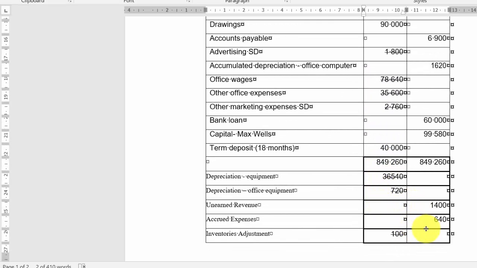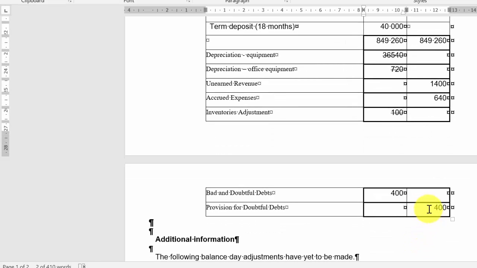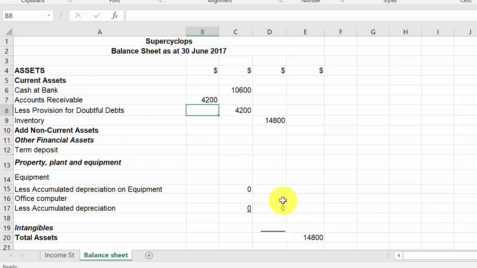Remember that we've got $400 down here of provision for doubtful debts that we're going to charge, and I've just remembered that I haven't ticked that off either. Okay, so $400, that goes into there. You can see how that works now. $400 taken away from that, so the net amount is that.